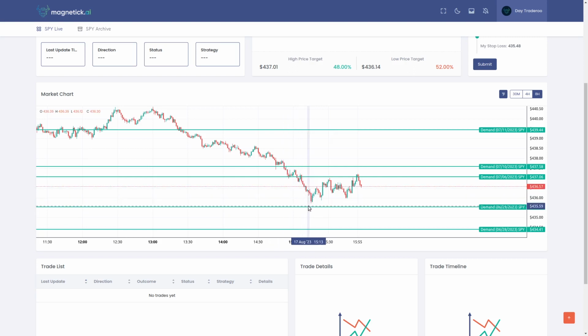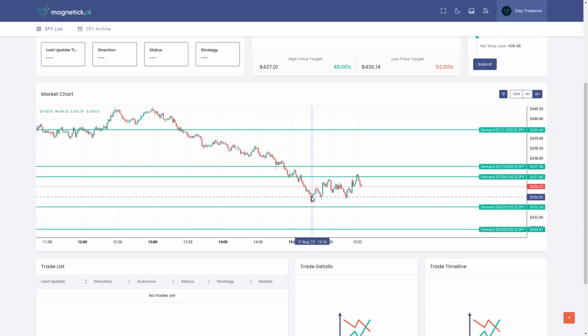Now, this was, I think, a more obvious one. So we saw a rather strong reaction. So you could perhaps either go long here with a stop loss below this red candle, or you could have waited for the price to clear these couple of red candles and then still with a stop loss below this low.